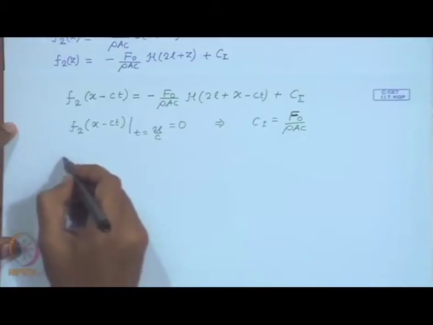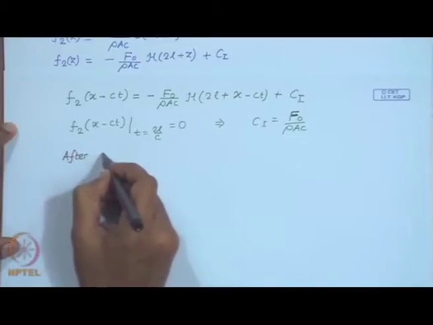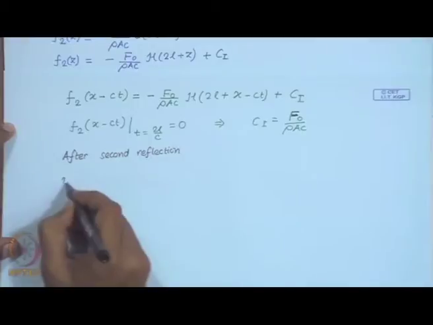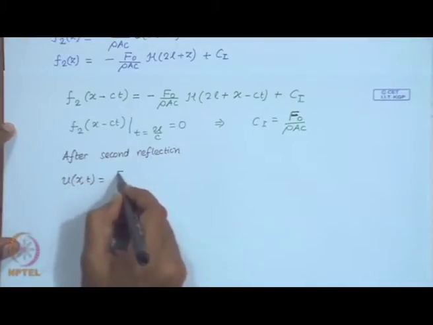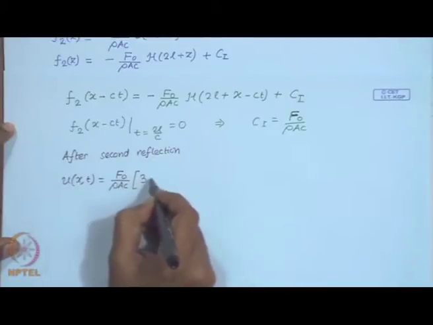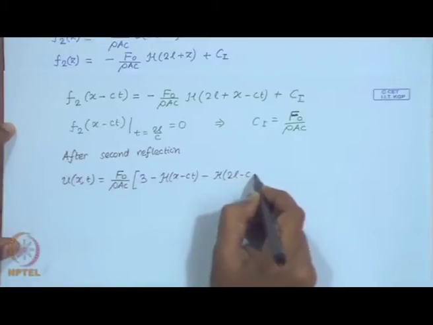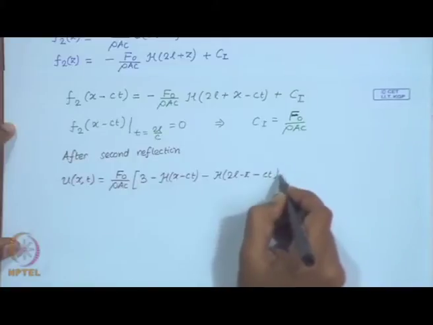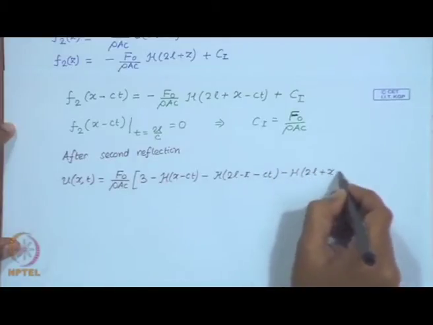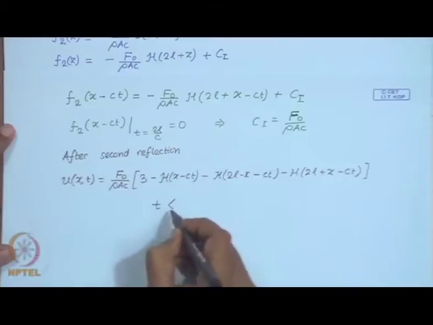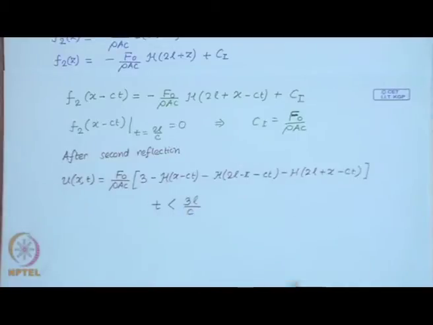So, therefore, after the second reflection, now this is a solution which is valid till again this wave reaches the right boundary.